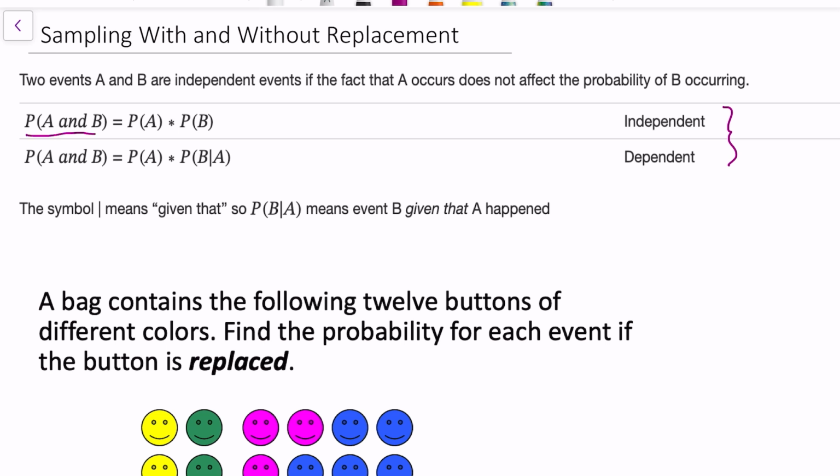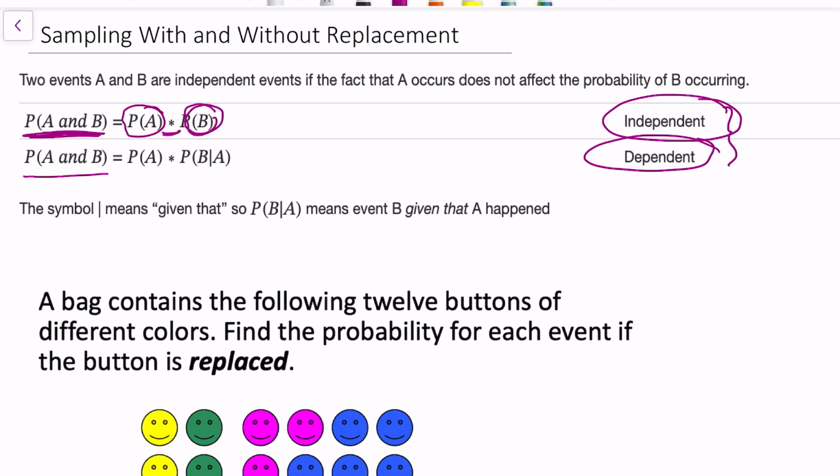So we want to find the probability of A and B. If the events are independent, we need to find the probability of A, and then we're going to multiply it by the probability of B. If the events are dependent, so let's say the probability of me getting into a car accident is definitely going to be affected by the probability that there's ice or snow on the road, so that would be a dependent event.